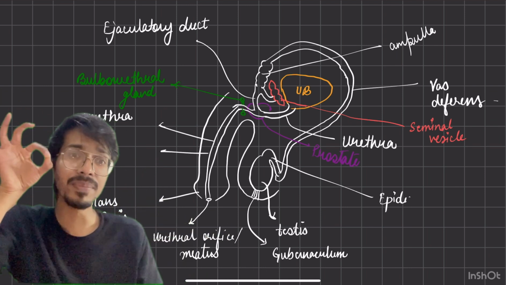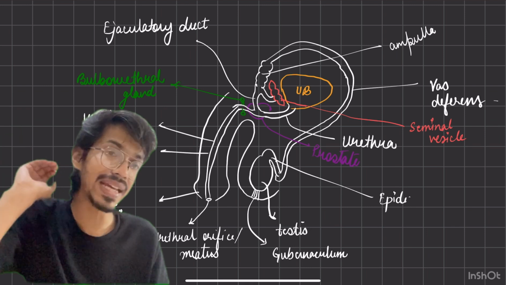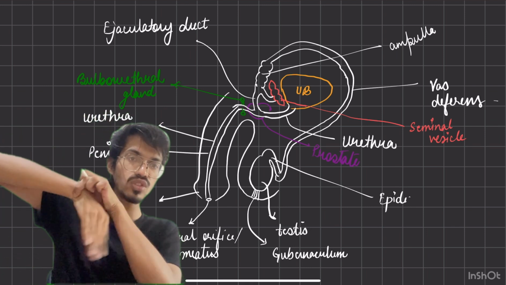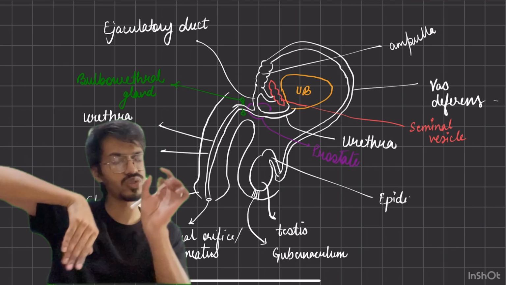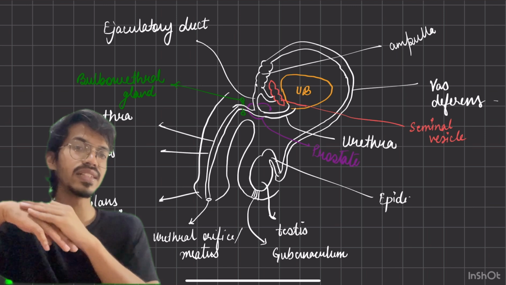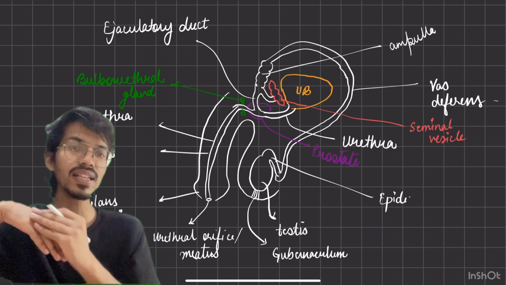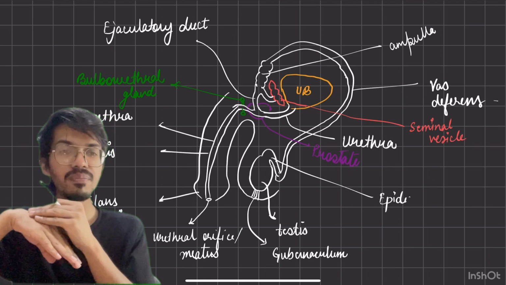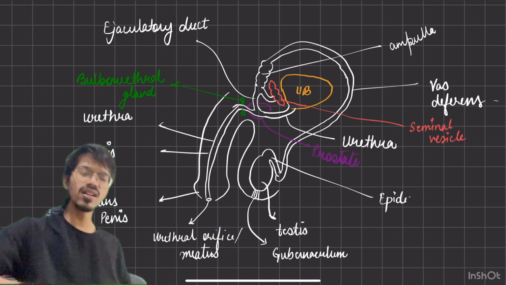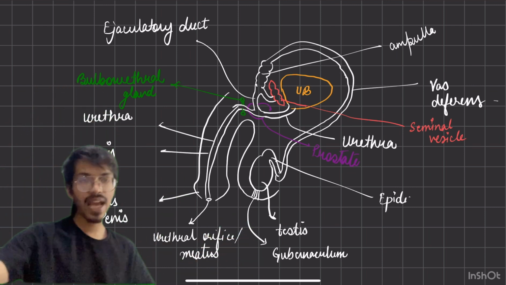Then the membranous urethra, at the base of the penis, the smallest part of the urethra. The next part, present in the penis, is known as the penile urethra.